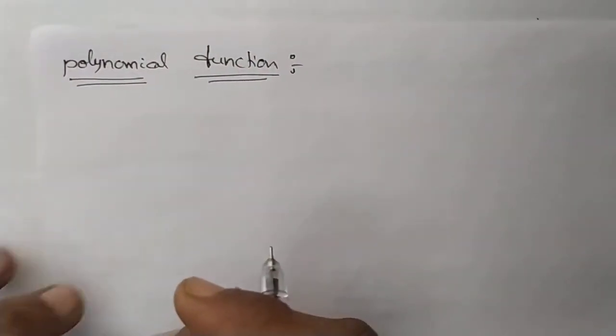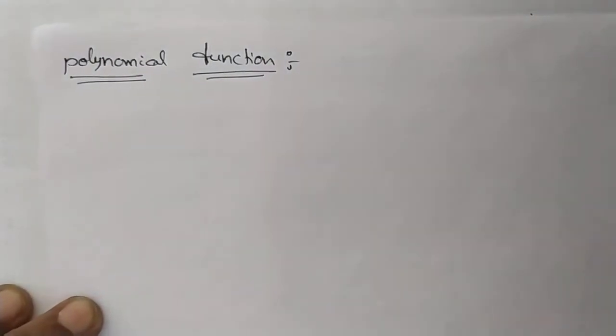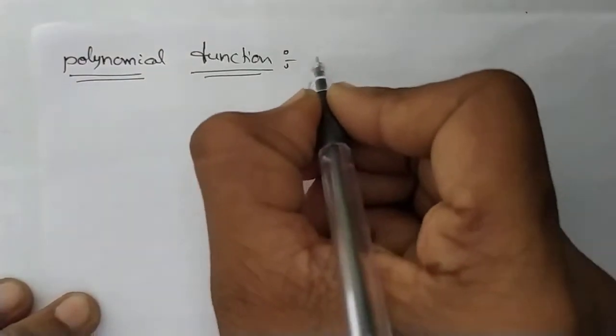What is meant by a polynomial function? Let us define a polynomial function. A function f from R to R is defined by, you just note down the definition for this function.